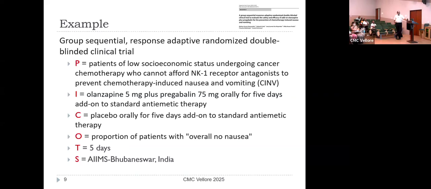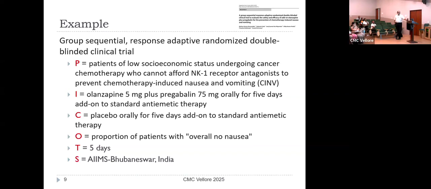The outcome was the proportion of patients with overall no nausea, and it was 5 days only. And they did this interim analysis where they actually changed the allocation and gave more people the olanzapine pregabalin one because it was doing better.